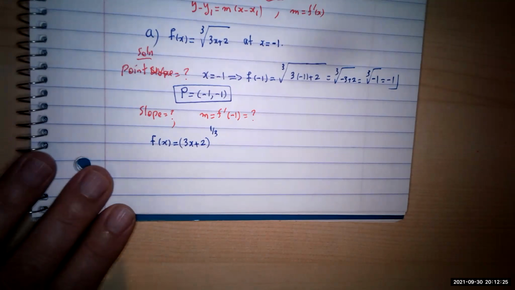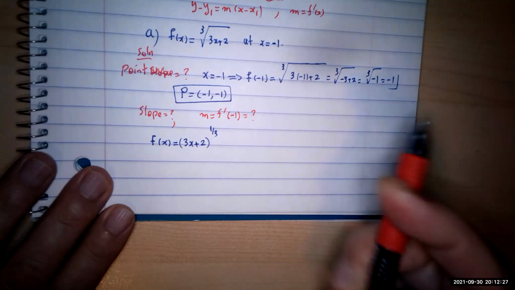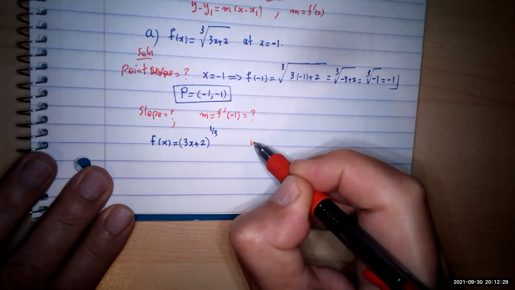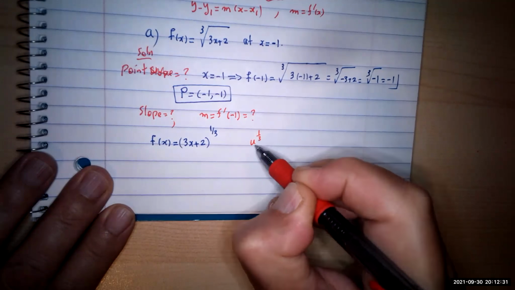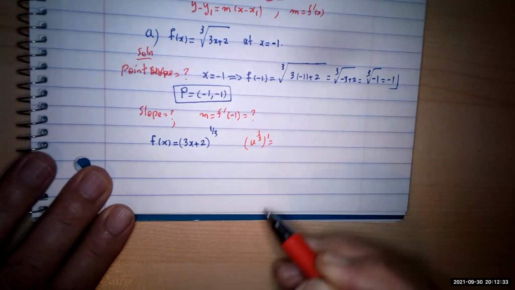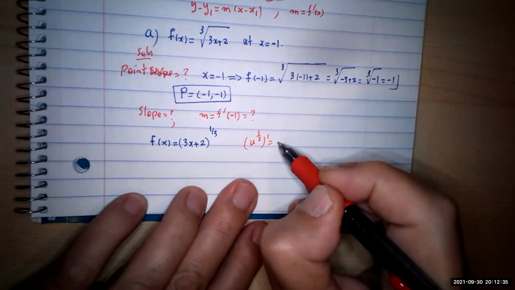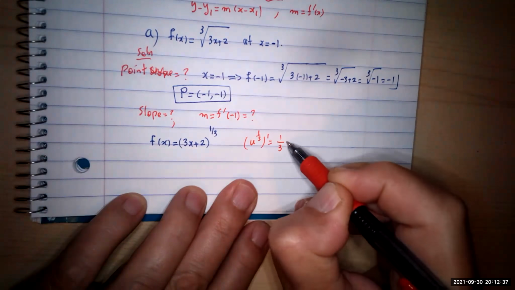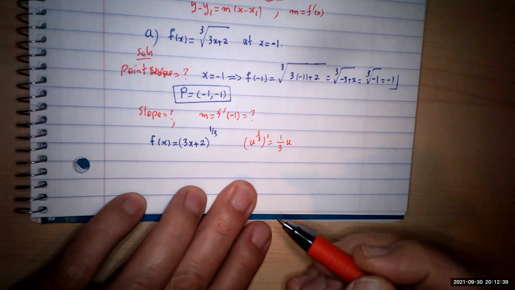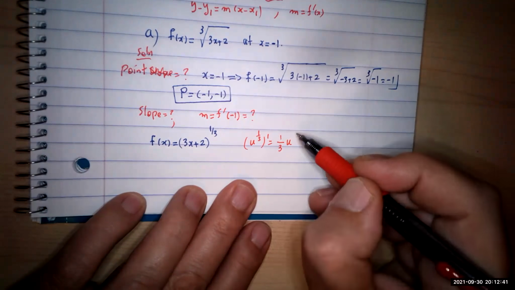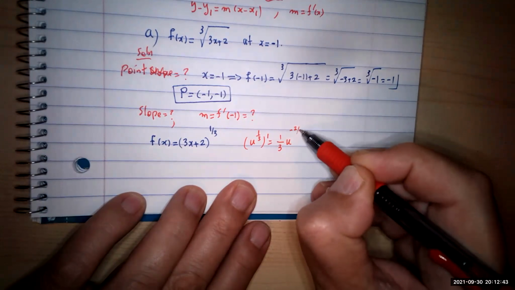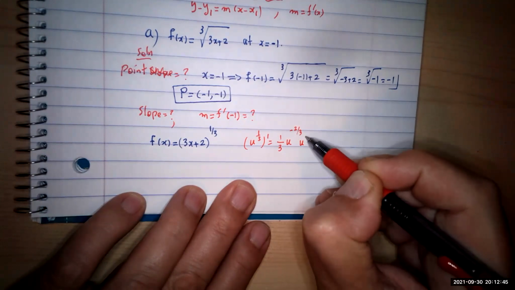Now we differentiate it. Remind yourself that you want to differentiate what? u to the 1/3. Again, power first, 1/3. u to the 1/3 minus 1 is like 1 minus 3 over 3, which is -2/3. But you have to multiply by u prime.